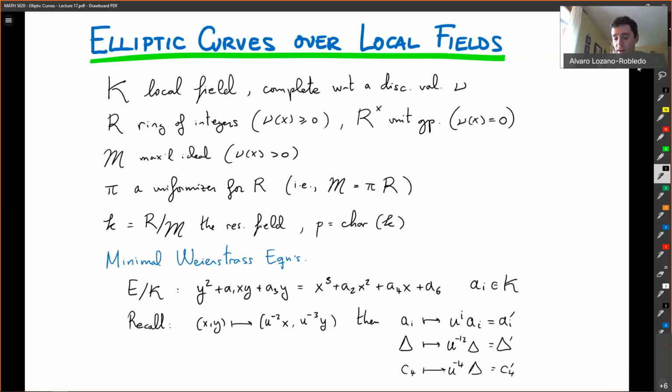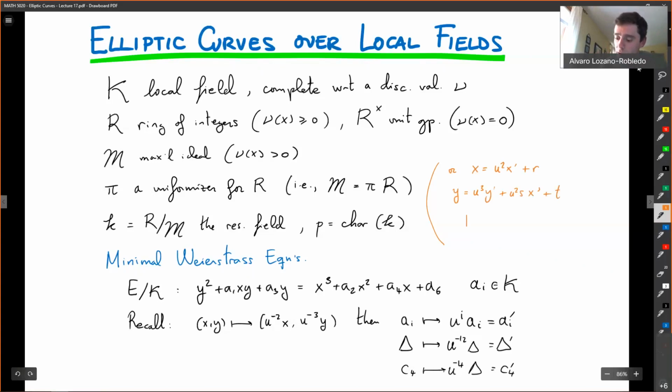But recall also that more general changes of variables that change the Weierstrass model but keep a Weierstrass model are all of the form shown. We proved this actually was a consequence of Riemann-Roch by comparing some spaces.